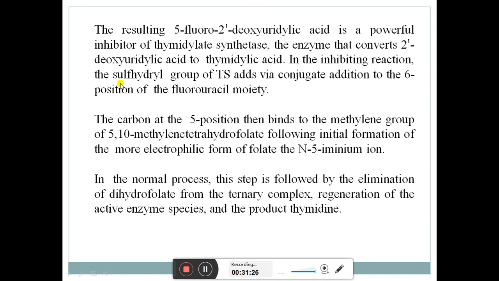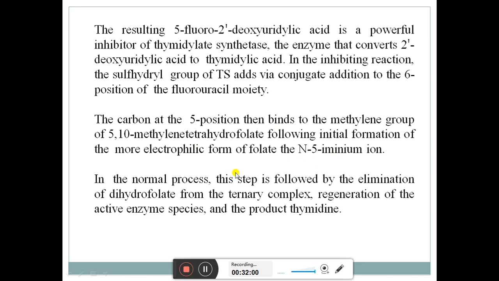In the inhibition reaction, the sulfhydryl group of this thymidylate synthase adds via conjugate addition to the sixth position of the fluorouracil moiety. The carbon at the 5 position then binds to the methylene group of the 5,10-methylene tetrahydrofolate, following initial formation of the more electrophilic form of the folate, the N5 iminium ion.